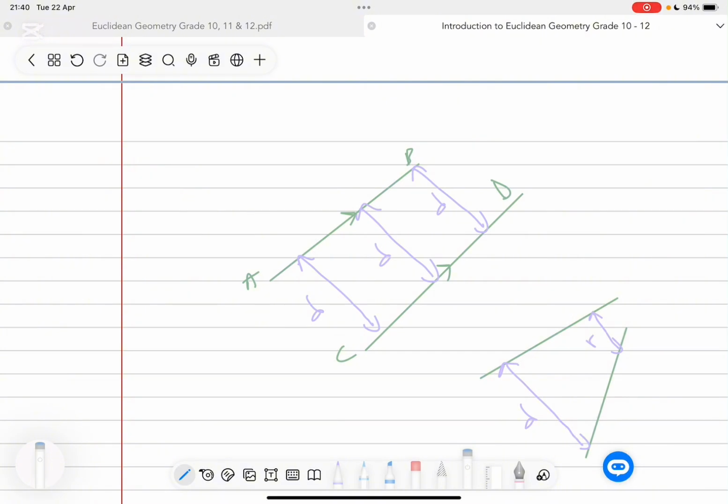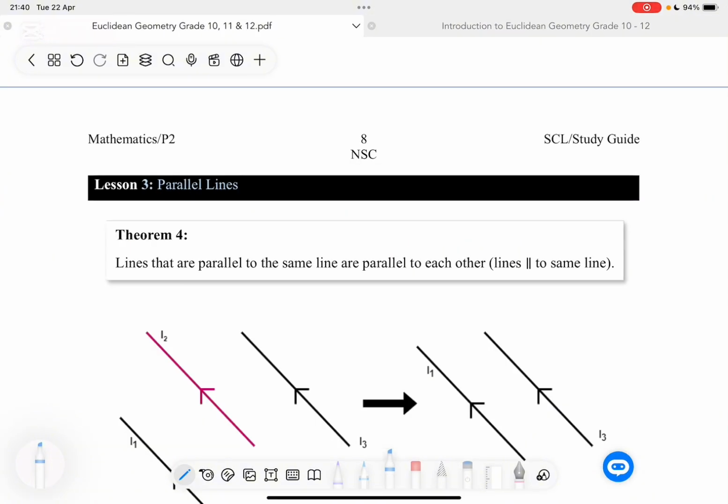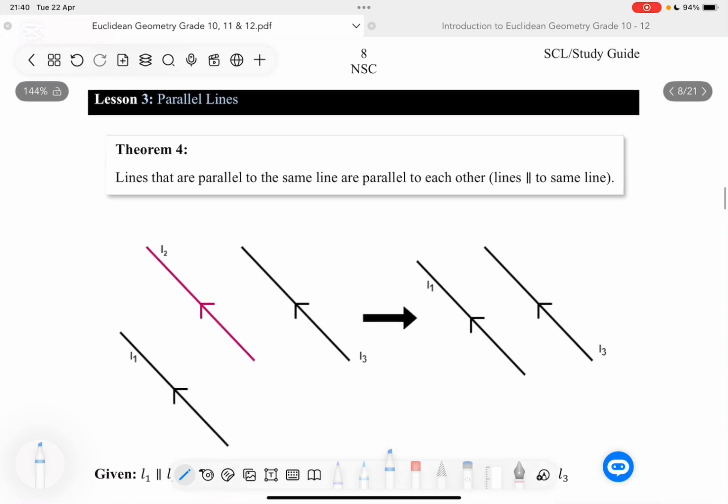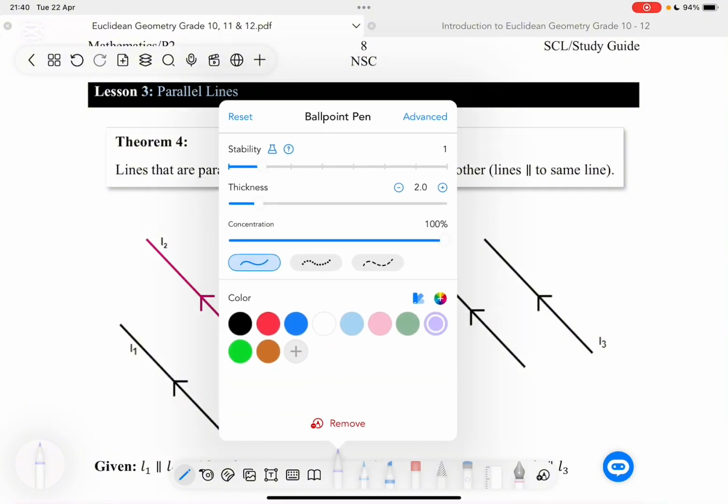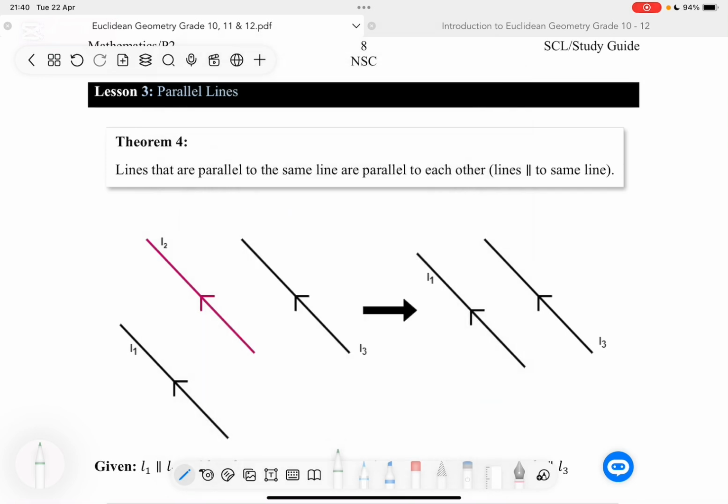Now let us incorporate this into Theorem 4, which says that lines that are parallel to the same line are parallel to each other. Obviously, we know by now that a theorem has two parts to it. The first part is the fact that we have lines that are parallel to the same line.